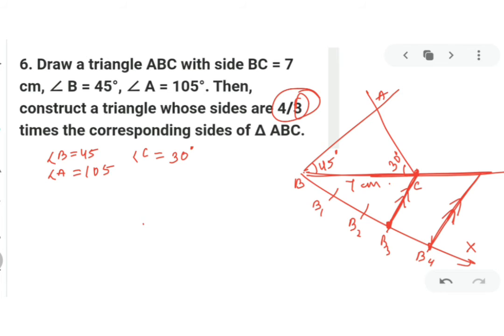Got my point clear? You have to extend your AB also. And then here, where the parallel line from B4 meets, you can name it C dash. From C dash you have to make a parallel line to AC. And where it intersects your extension of AB, you can name it as A dash.